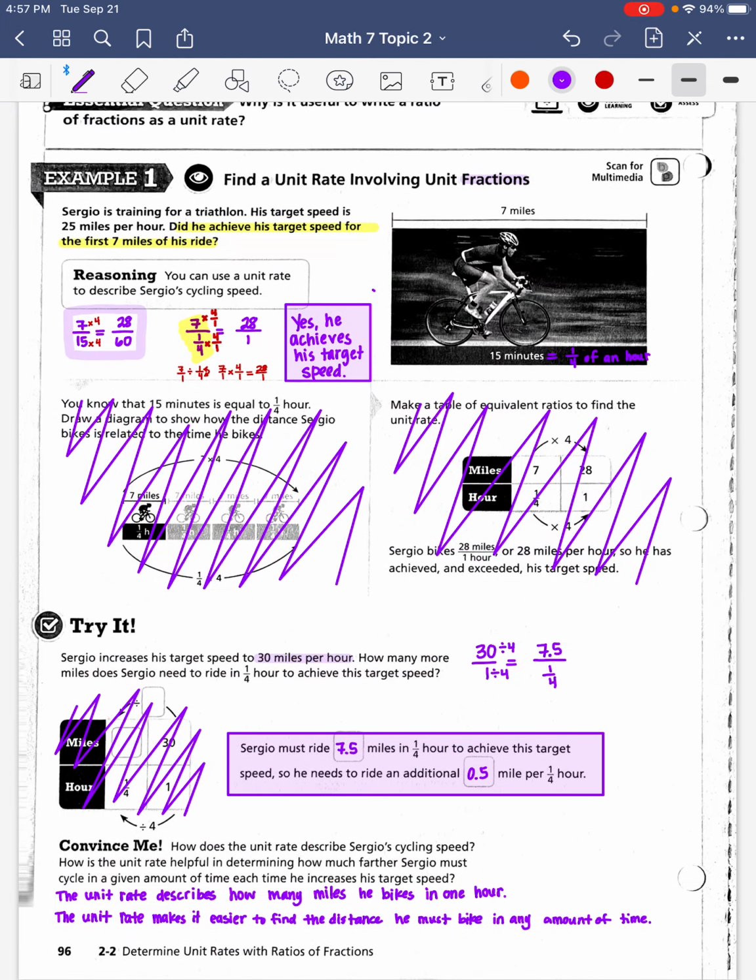What that means is we could use the unit rate to find very easily how far he must bike in half an hour or in 1/3 of an hour. Once we have that unit rate, we can go up or go down with it.